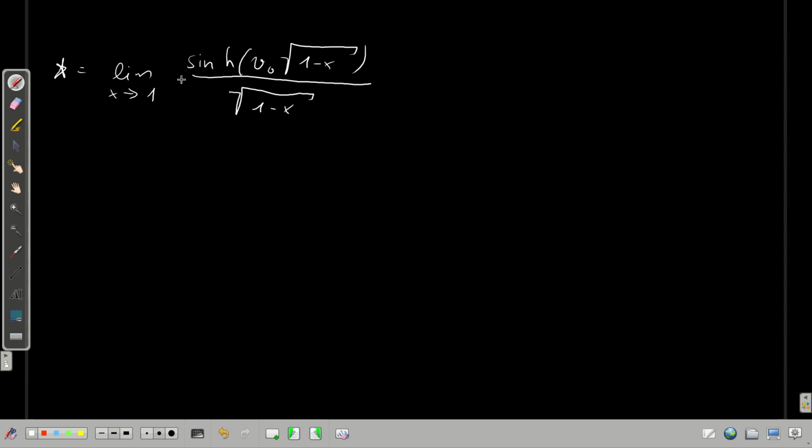So with the rule of L'Hopital, just mention it here, since we cannot directly calculate the limit of this expression because both terms here are 0 for x equals 1, we have to take the first derivative of both expressions, and when this is the case, according to the rule of L'Hopital, the limits are equal.